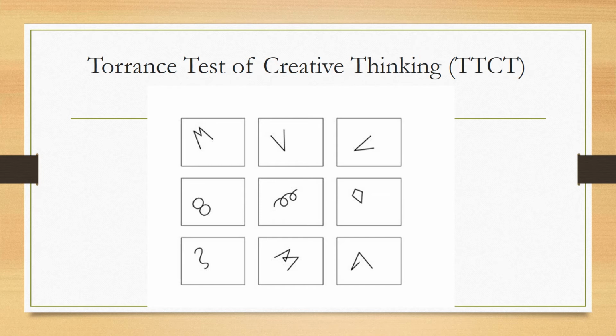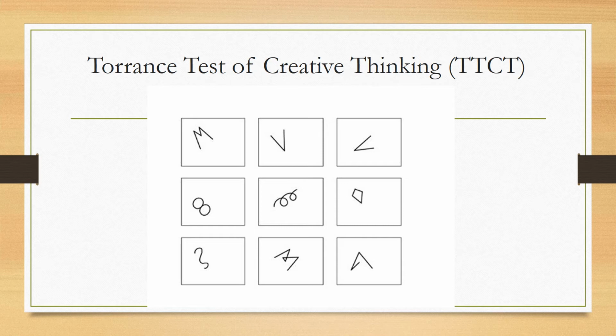So what does that mean, and how do they know what's original? Well, researchers have given these tests to tens of thousands of children, so they know the kinds of drawings that most children draw, and let's say most children would draw a bird speaking on the top left M, and so that would get fewer points for originality than someone who incorporated it into, oh, I don't know, a picture of a pond.